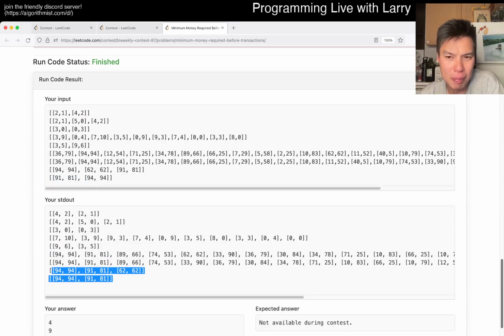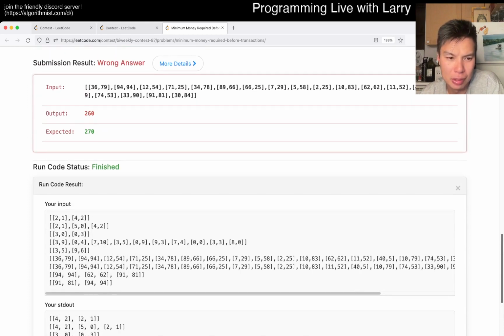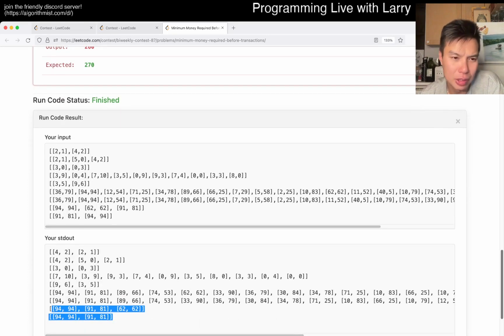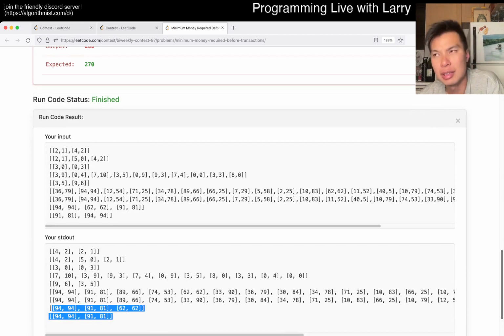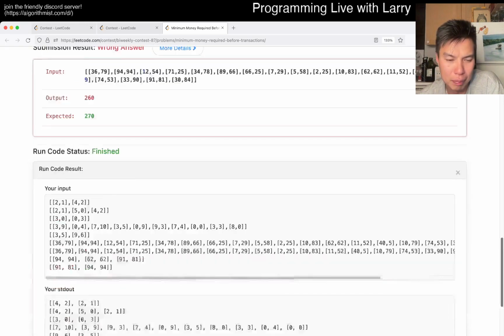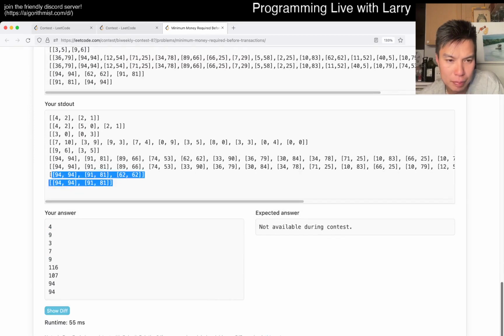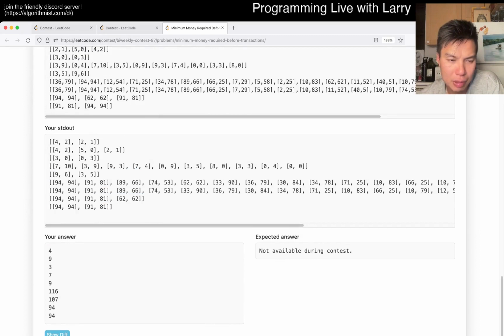Well, the one that gives you money, like net positive, you never want to do anyway. But I don't think that's the issue that we're facing, so I don't think that matters. Well, that's not true per se, because you can imagine like a big number and you still need a big number to start off. This is definitely 104 though, or something like that.